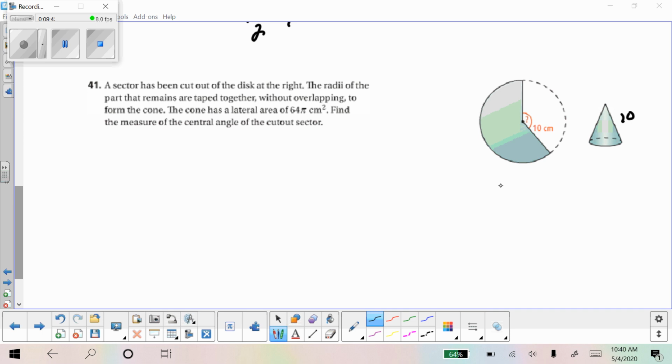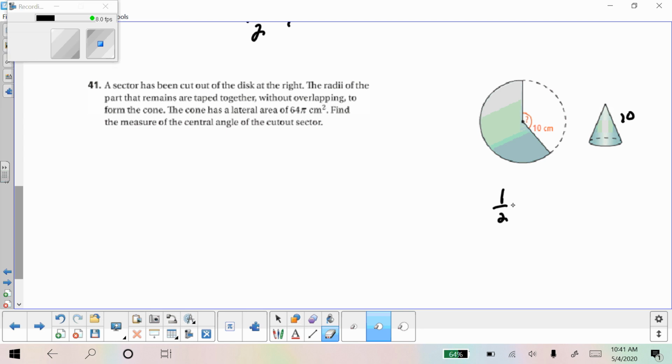So number 41, 1/2 the lateral area, which is 1/2 the circumference, and the circumference, we're not sure, but we'll just label that as C. Actually, let's say it's 2.